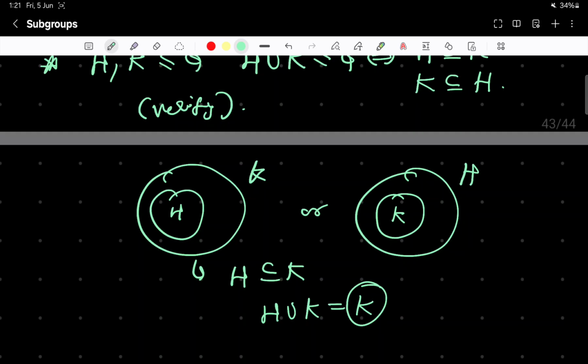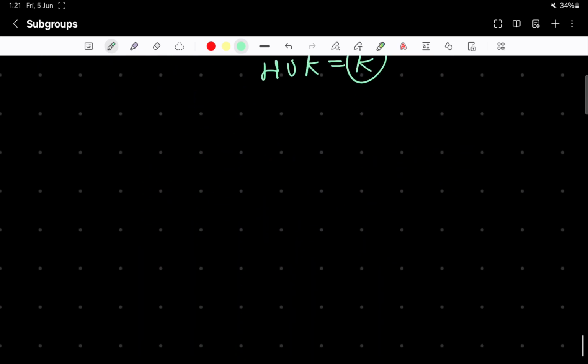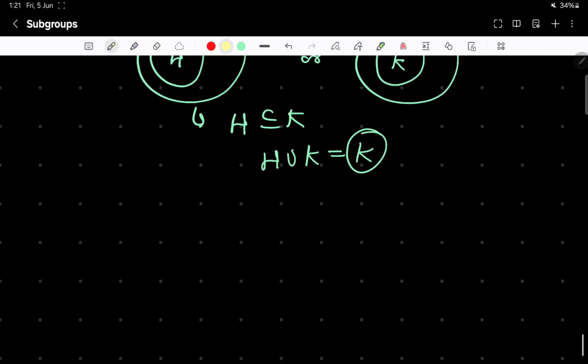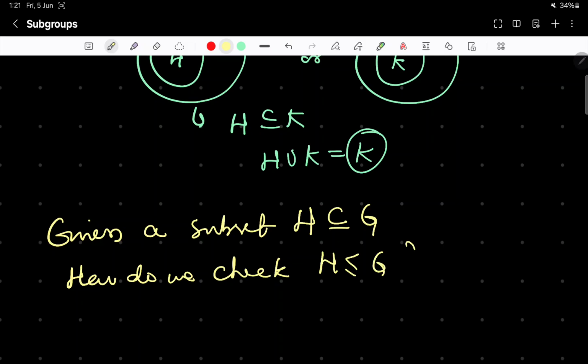So now we move on. The next question we have to address is: given a subset H of G, how do we check whether H is a subgroup of G?